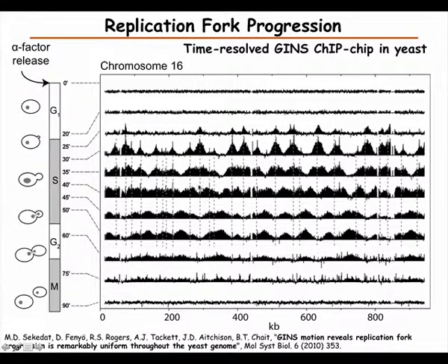At the origin, there is finally a dip because it's done and it has moved out. Then it continues, and finally it will again not bind to the DNA. This is just chromosome 16, but we see the same thing for all the chromosomes.